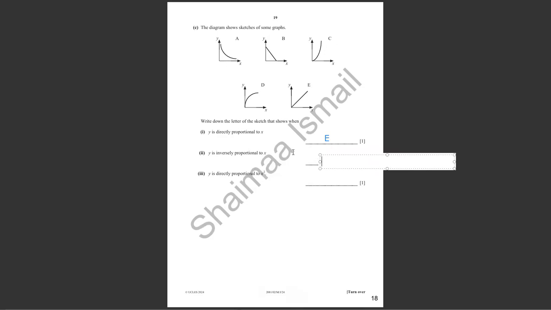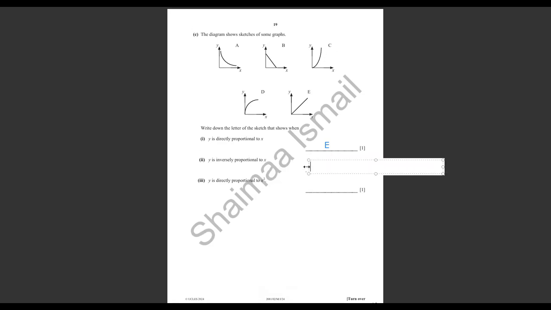Here is A. Y directly proportional to X squared. So let's have a curve, okay? So this would be C.